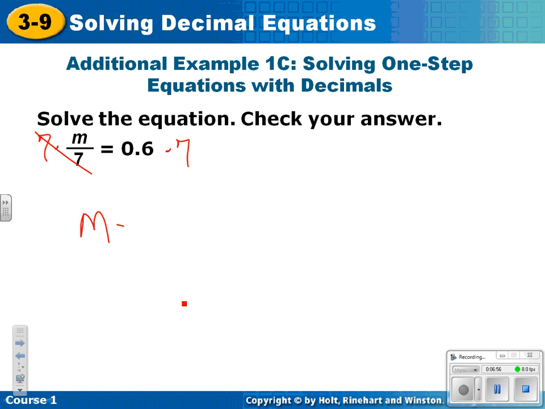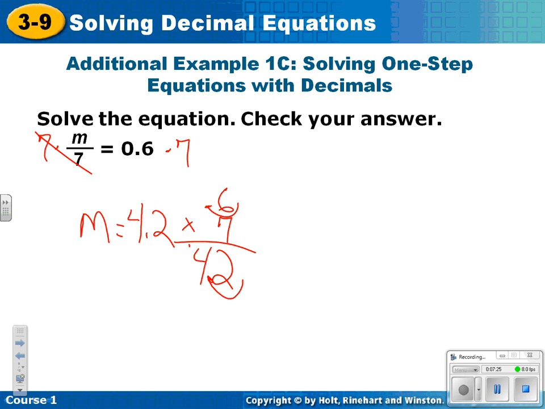M equals, we have 0.6 times 7. Remember our rules for multiplication of decimals. We pretend that decimal is not even there. What's 6 times 7? 42. And then we need to figure out where the decimal goes. There's only one place in this problem, so it's right there. So it's going to be 4.2. Okay? I'm not kidding. You know how to do all this. You just need to put it all together.